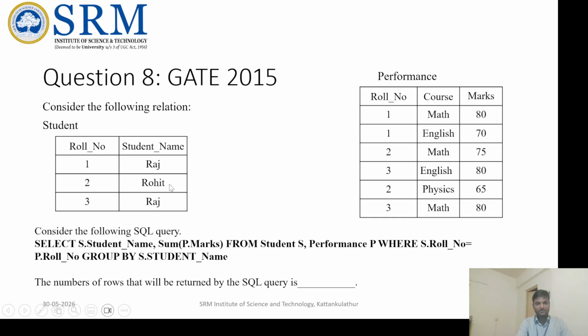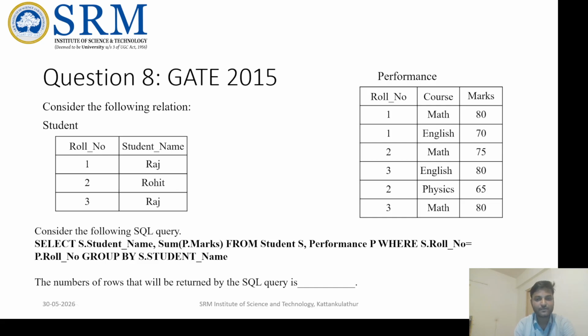For example, student names are Raj, Rohit, and Raj. So we have two distinct names, one is Raj and another one is Rohit. Although another student is named Raj, he may be a different one as the roll number is different, but the names are the same. So group by student name will be applied to both Rajs together.